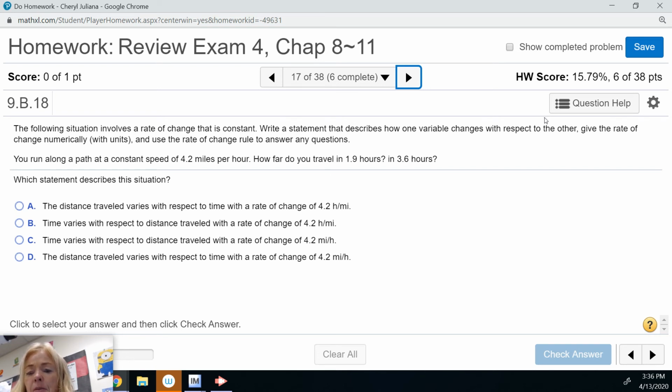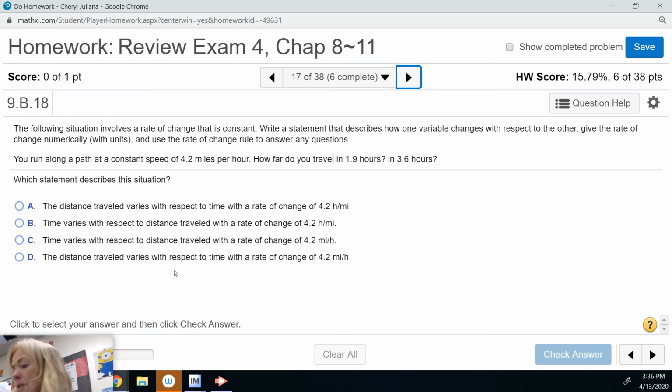First of all, the statement is that you are running at a constant speed of 4.2 miles per hour. So we need to look over here and figure out which one of these is stating that. The first two are out because they are in hours per mile. So we need to look at the last two only. Time varies with respect to distance traveled with a rate of change of 4.2 miles per hour, or the distance traveled varies with respect to time with a rate of change of 4.2 miles per hour.